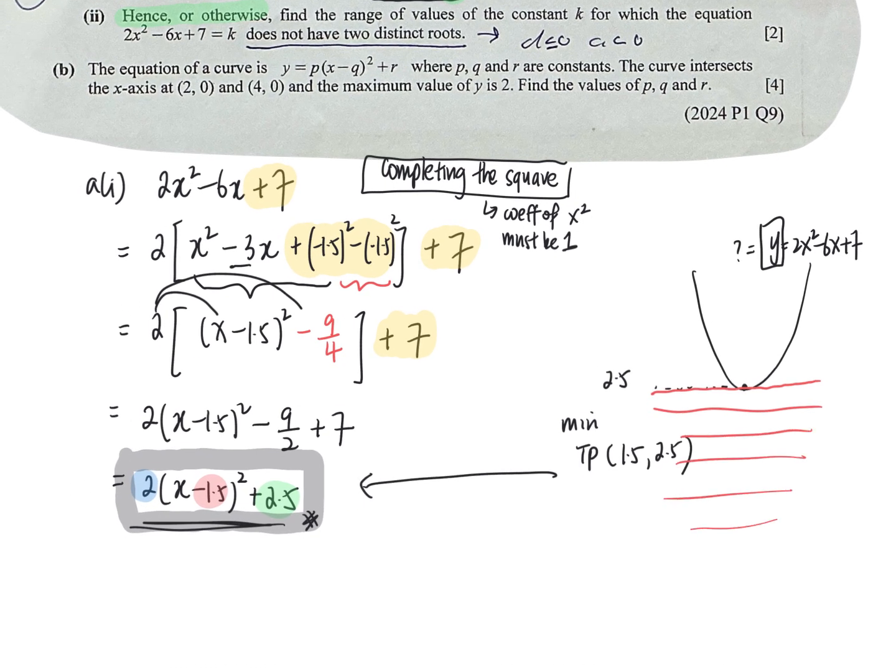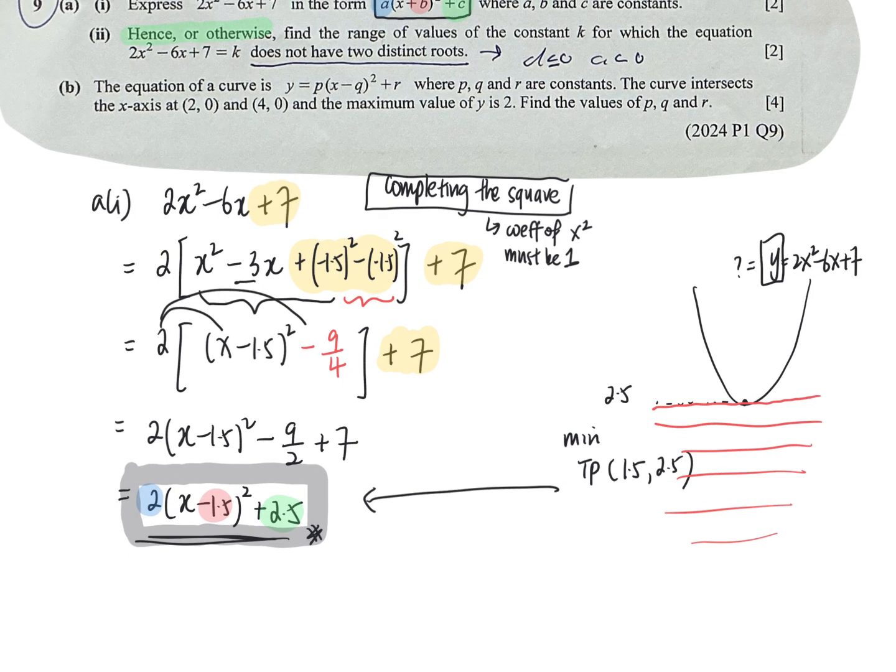So what is your K value? What is the range of values of K that will ensure that you do not have 2 distinct roots? K must be smaller than or equal to 2.5 here.